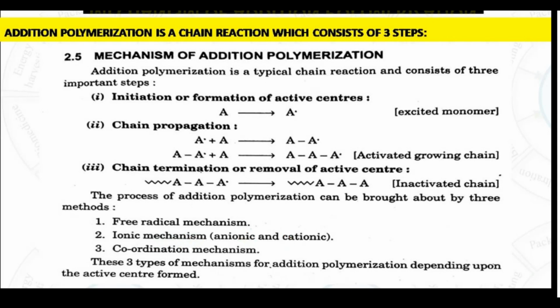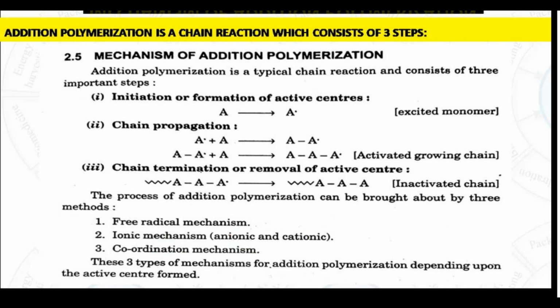And if you go for Ziegler-Natta catalysis, then coordination polymerization is also there in addition polymerization. But right now I am discussing only these two: first free radical and then ionic. And in the ionic, I will discuss anionic and cationic, right?